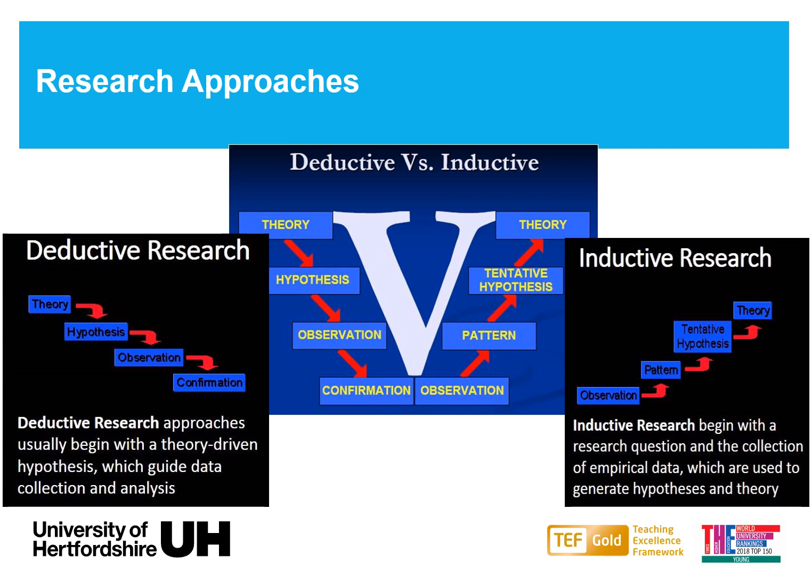So this is the clear distinction. One starts with theory and then tests the theory using your research, and the other starts with the research and the collection of the data, and then generates a theory.